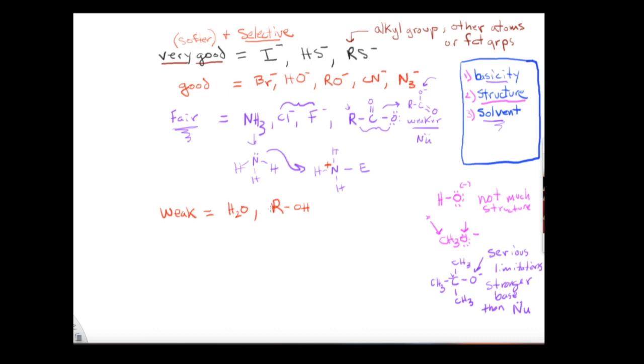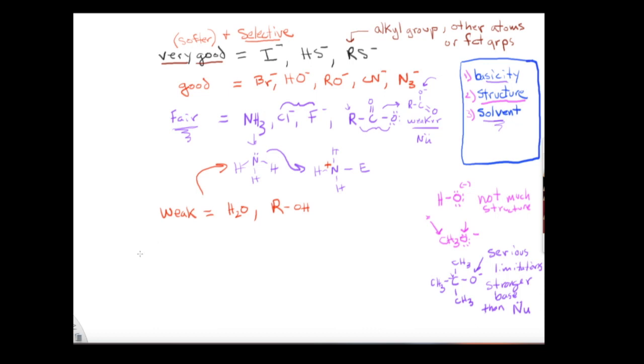Part of it is similar to the argument for ammonia. Once water or ROH reacts with the electrophile, there's going to be a positive formal charge on the oxygens, which means that these molecules can rapidly dissociate from the transition state that you just formed during the reaction.